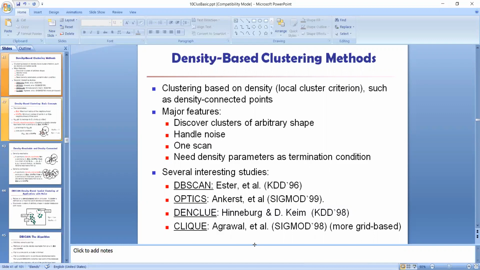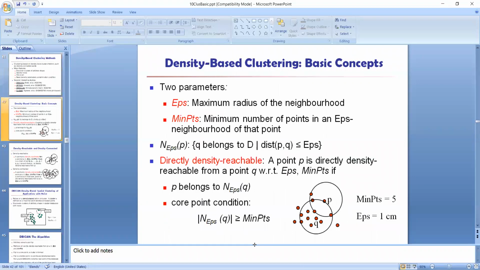So before moving to the different types of clustering methods, we need to check certain parameters associated with density based clustering methods. The main two parameters are epsilon and minimum points, which is represented by MinPts.